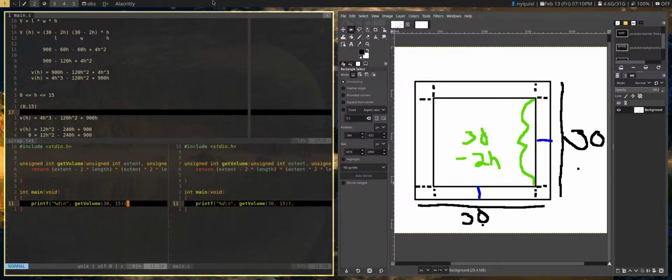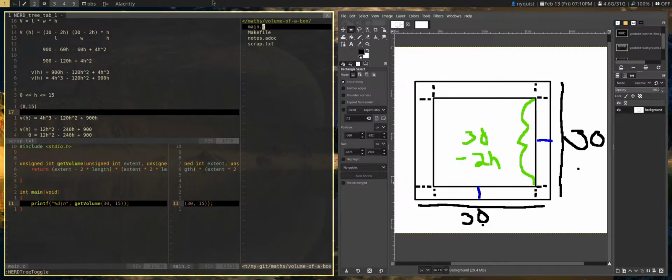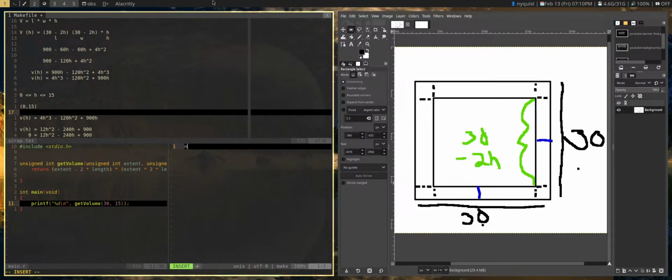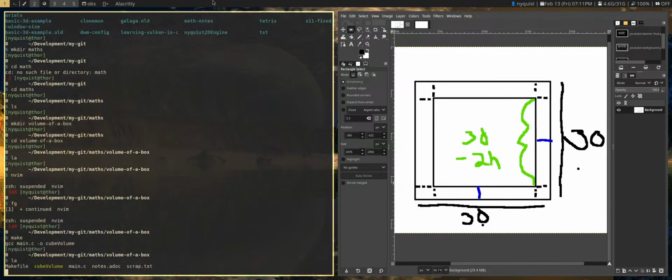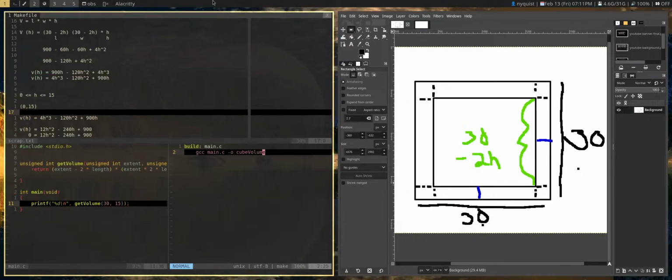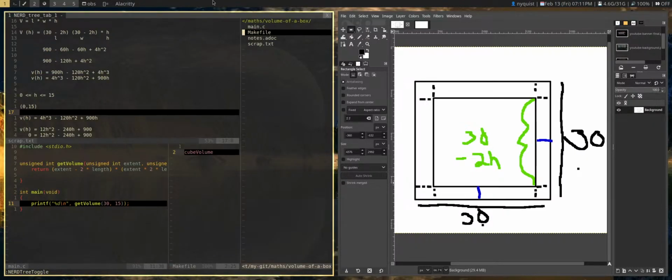And let's create our makefile. Build main.c. Whoops. Good enough. Cube volume. Well, that's not the right answer.